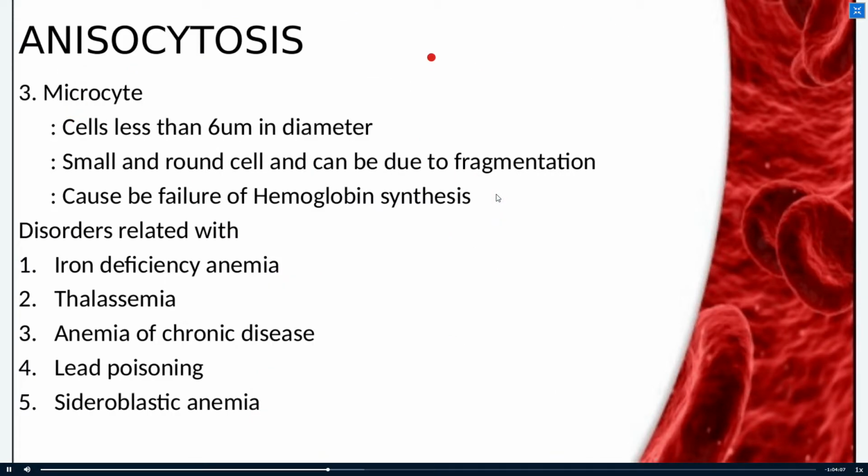So your microcyte, class, these are cells less than 6 micrometers in diameter. Class, ano ang MCV niyan? What's the MCV of microcytes? Okay, so it's less than 80 femtoliters.